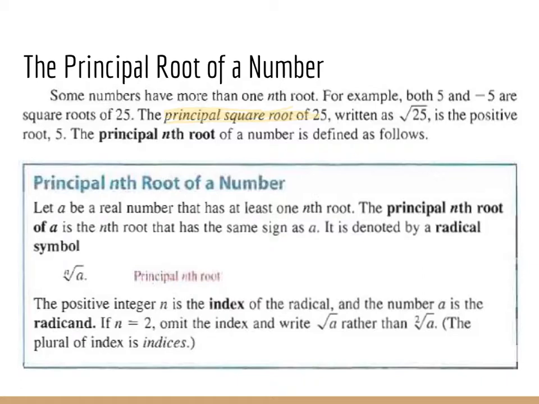The positive integer n is the index of the radical, and the number a is the radicand. If n equals 2, omit the index and simply write root a rather than 2 root a. Note here that the plural of index is indices.